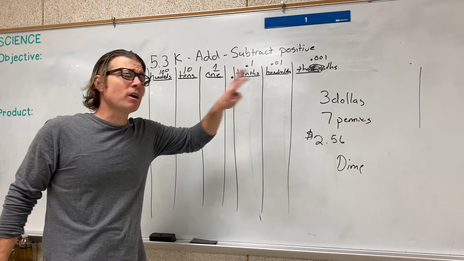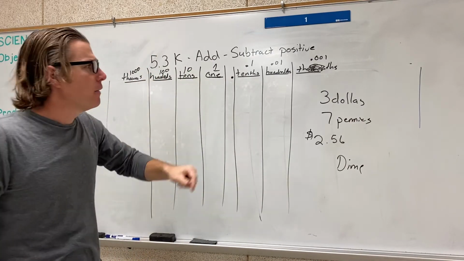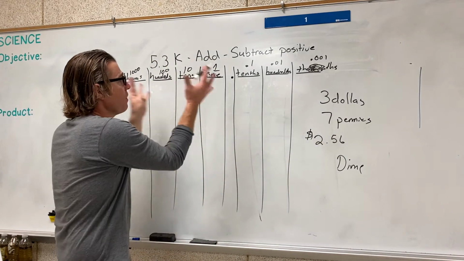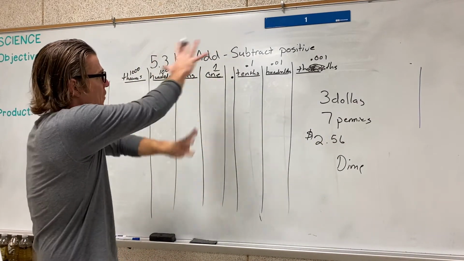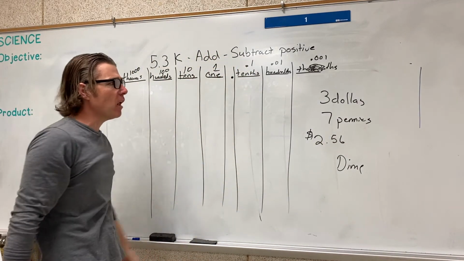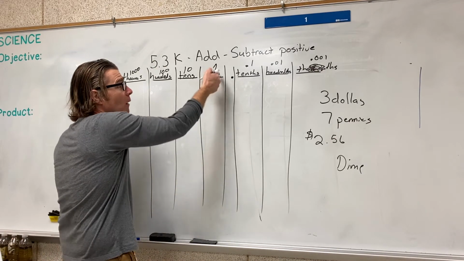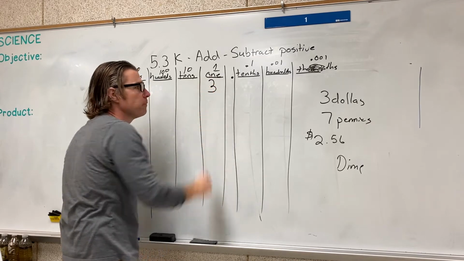Now it's crucial to be able to understand how these words relate to this thing. So $3, a dollar is 1, and if I have 3 of those, I have 3 ones, so I go to my ones and I'll put a 3 in there.